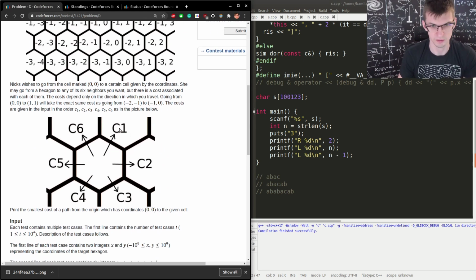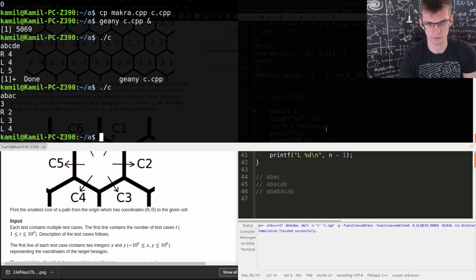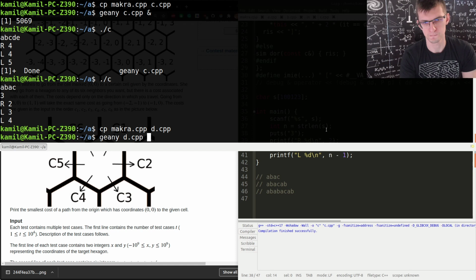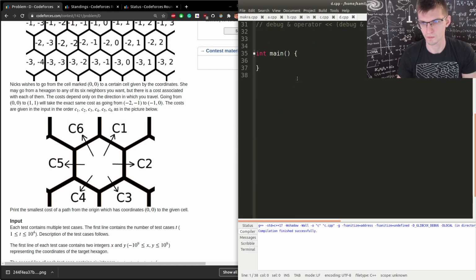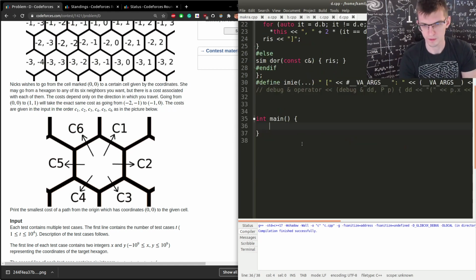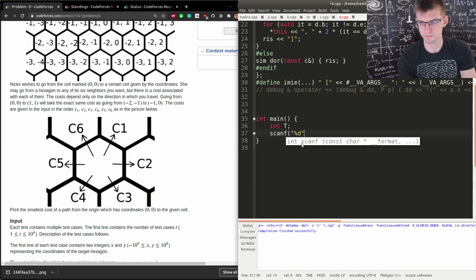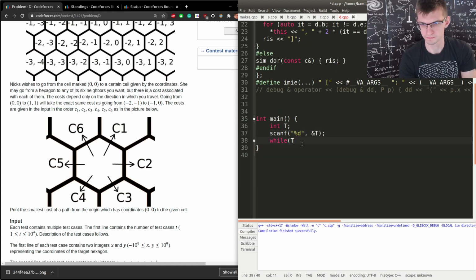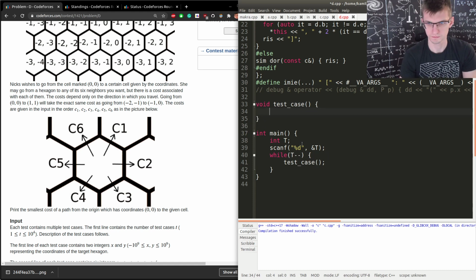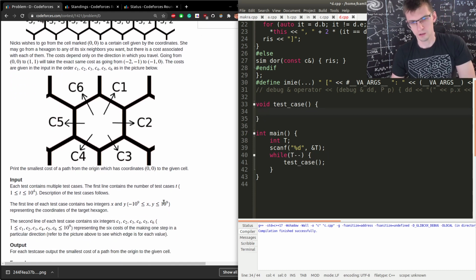In this order. Long longs are necessary, so why won't I use it here already?